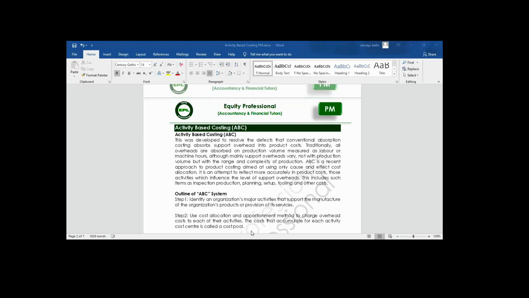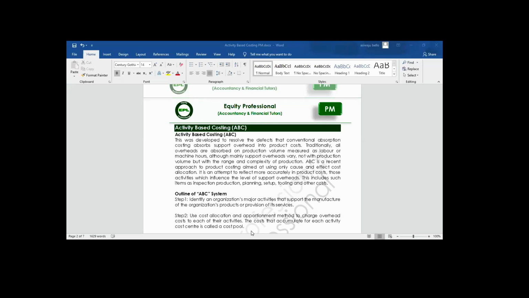Generally under cost accounting, we have different methods of classifying costs.